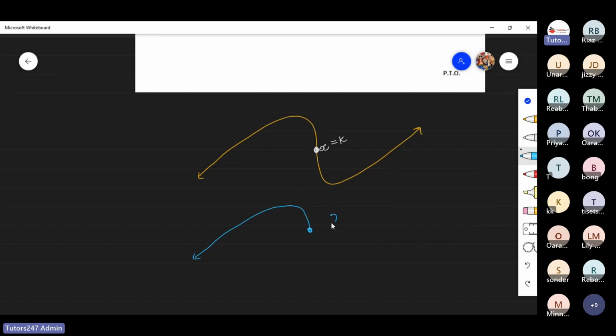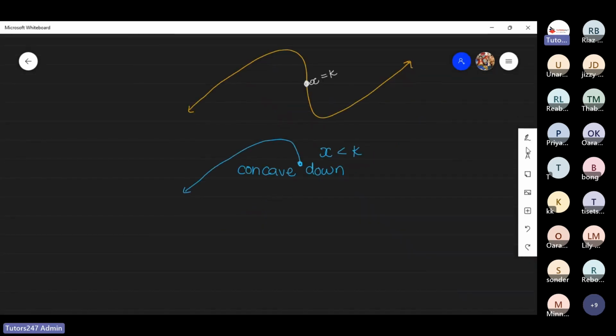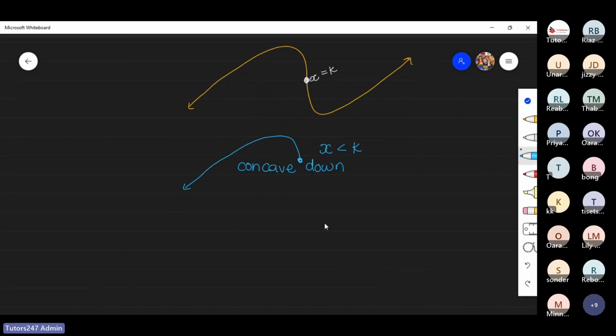So it's going to be x less than the value of k for concave down. If you want to find concave up, it's going to be x greater than k. So that's our point of inflection, smiley face, and x greater than k is concave up. Okay, always remember sad face, concave down, smiley face, concave up.